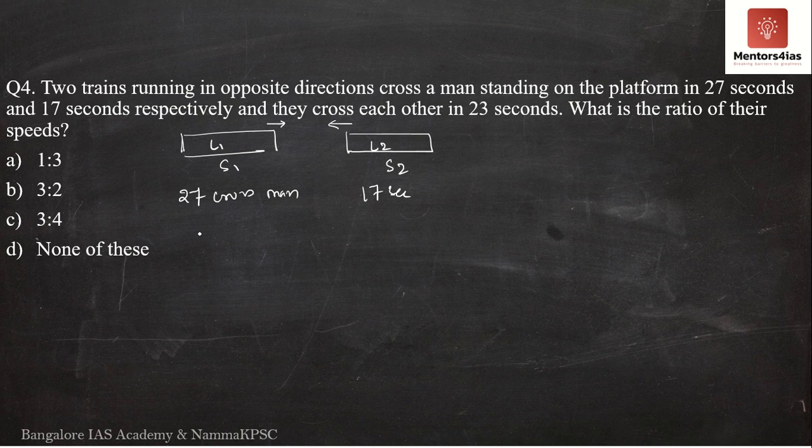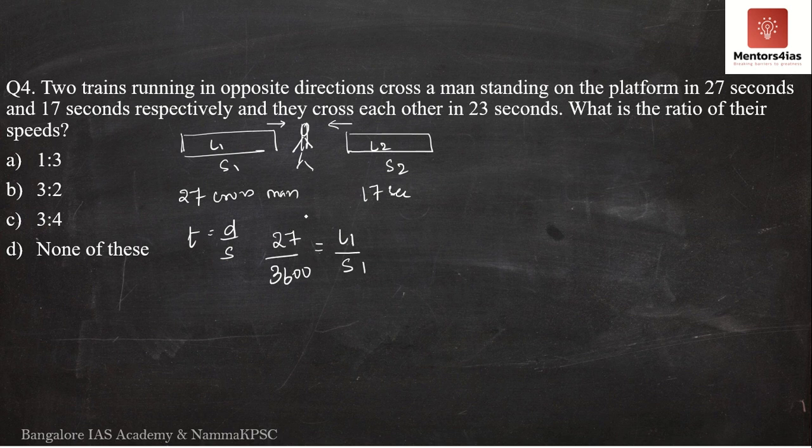So we know that time is nothing but distance by speed. Based on this information, for the first train, can I say 27 by 3600 is equal to L1 by S1, because the train takes 27 seconds to cross a man standing on the platform, where the distance traveled will be nothing but the length of the train.